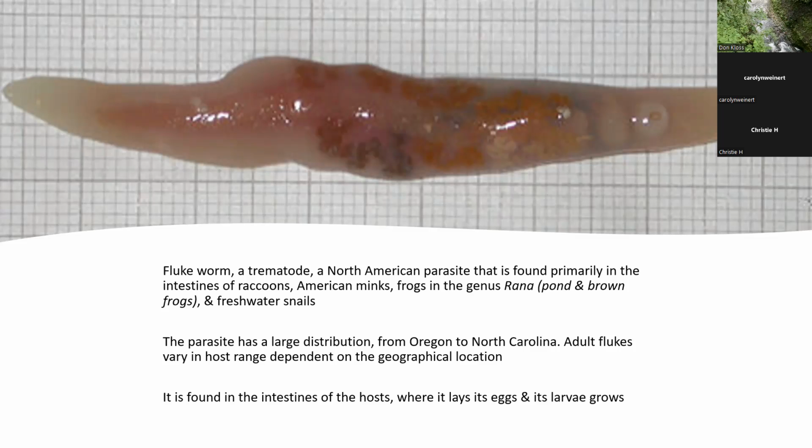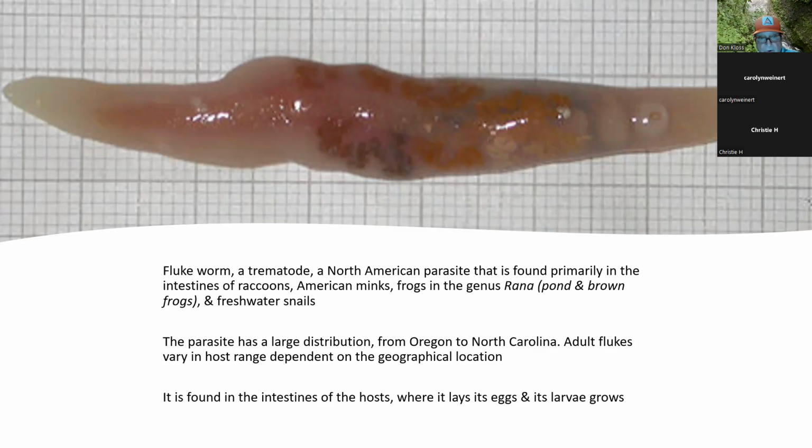This parasite has a large distribution from Oregon to North Carolina. The adult flukes vary in the host range, which is dependent on geographical location.